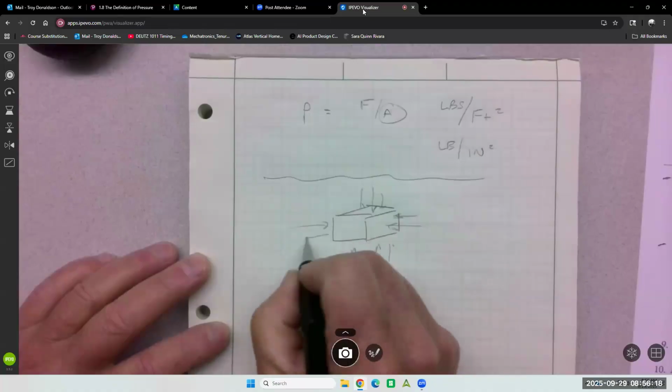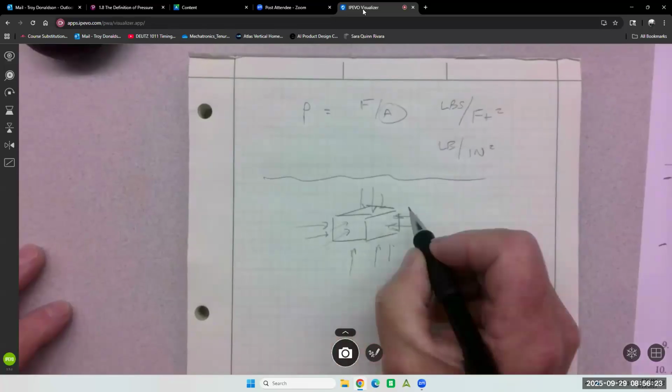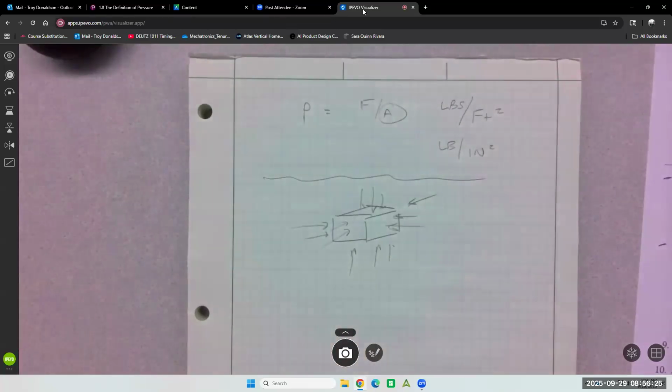That's how fluid pressure works. Well, maybe I can get a three-dimensional one, yeah. In all directions, right? But the pressure is relative to the depth of the fluid. The deeper you go, the more pressure you have.